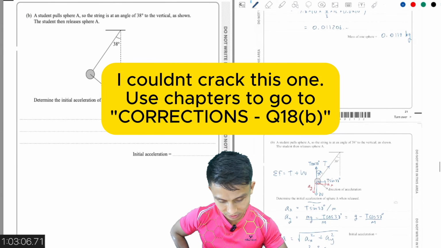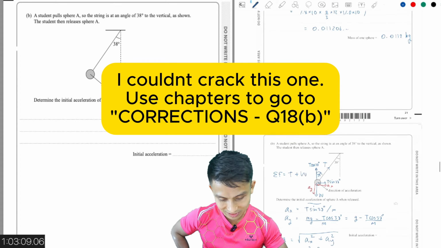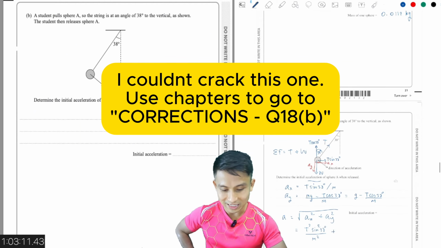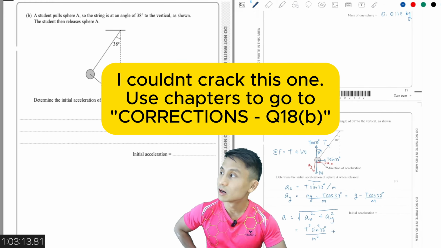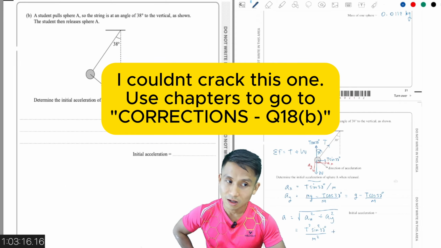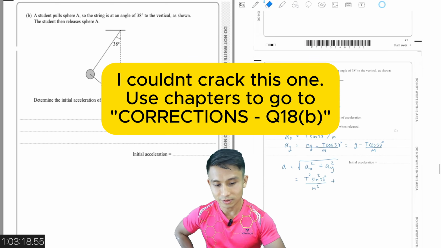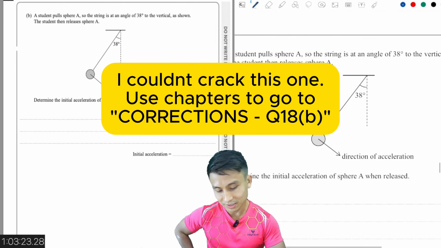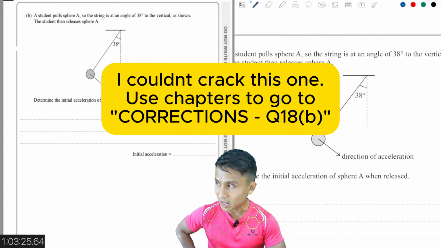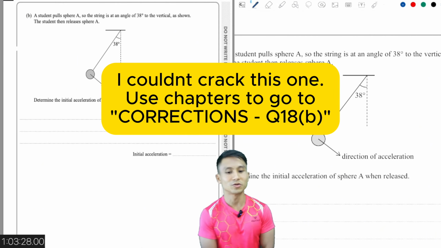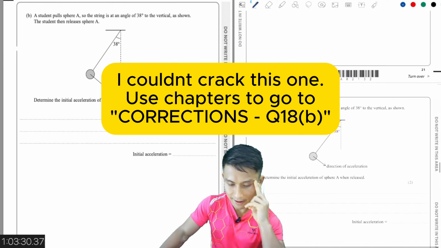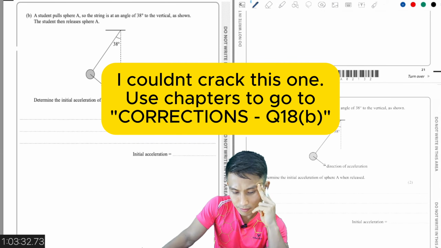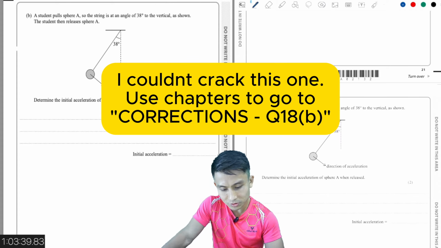Initial acceleration of sphere A when released. Oh, hang on. I think I'm overcomplicating it. So when released, the ball must go down, but we don't know the tension. The ball must go down.